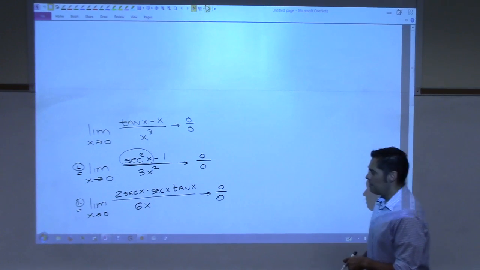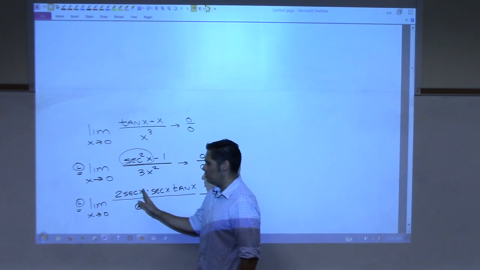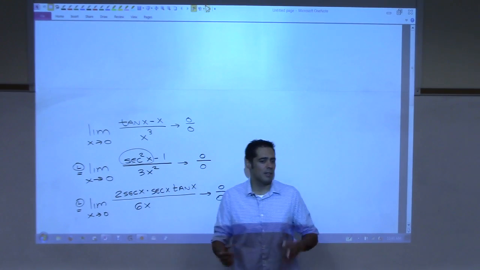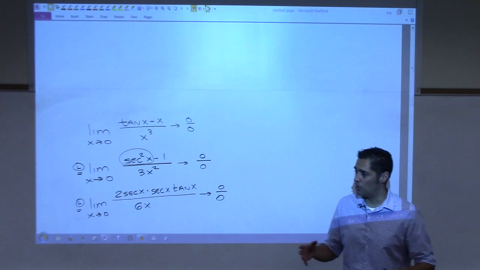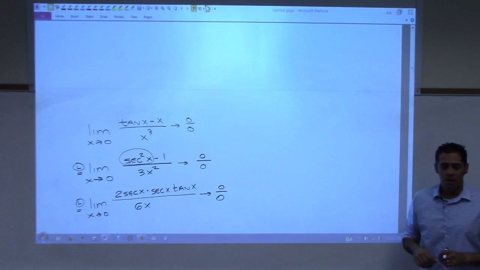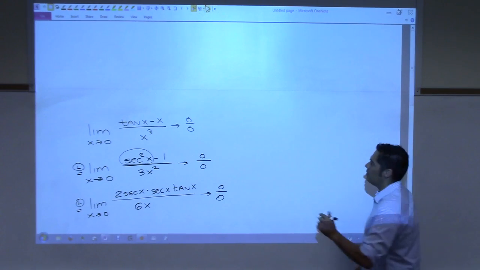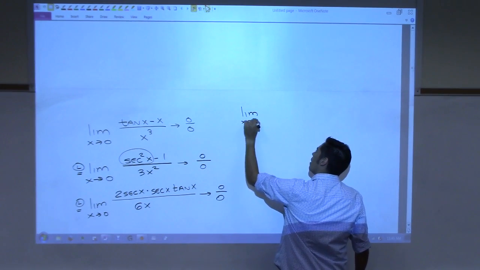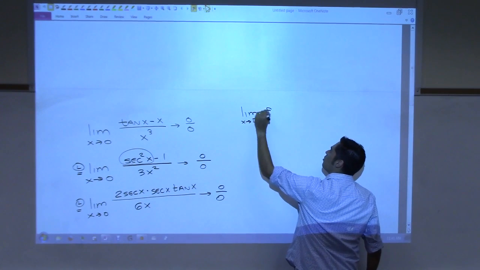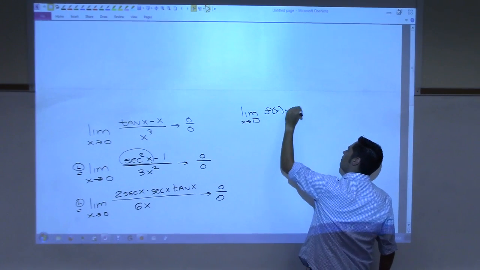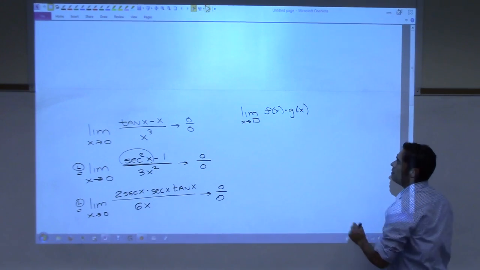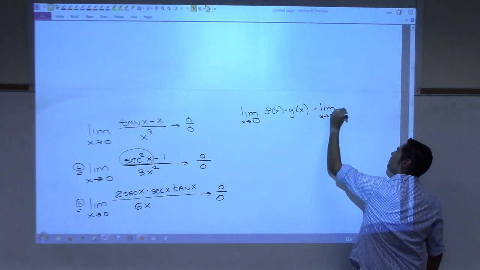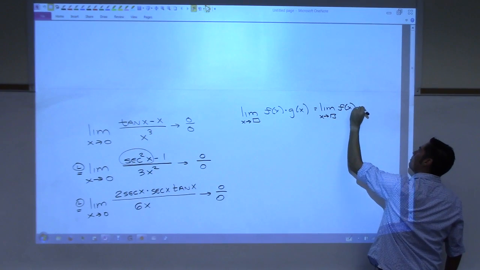But I don't like the idea of using L'Hopital because I'm going to have to do a triple product rule, or I could put the secants together and then I'd still have some product rule, but I'd have chain rule, all right, when I go to take a derivative. So because this is a limit, I want to remind you about a property of limits. Doesn't matter what your limit is. If you have two functions being multiplied together inside of a limit, you are allowed to split this up into two limits.